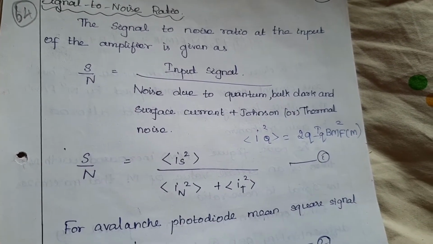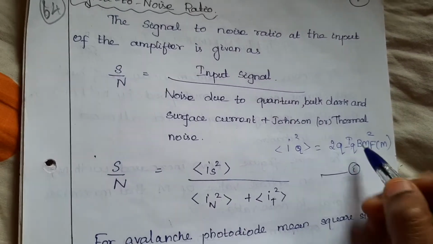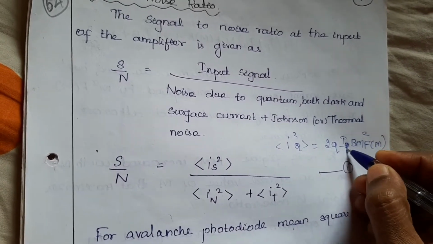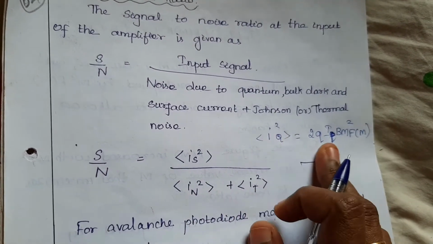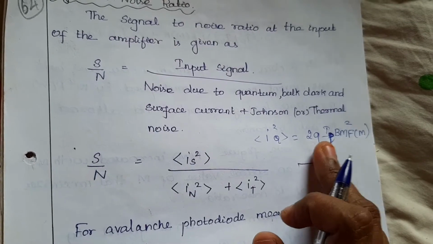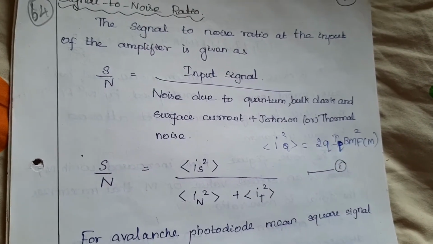So it is not IQ, it is Ip. So IQ squared, that is the quantum noise current, can be given as 2q Ip B M squared F of M.